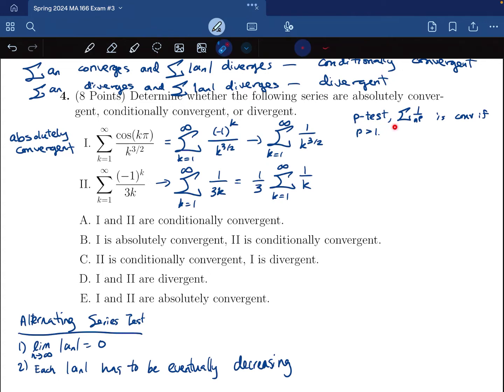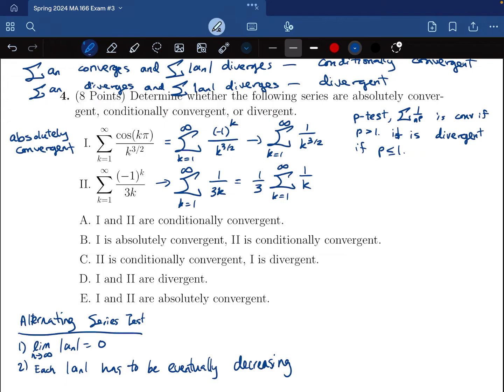And so remember, the p-test said that a series in the form 1 over n to the power of p is convergent if p is greater than 1, and divergent if p is less than or equal to 1.